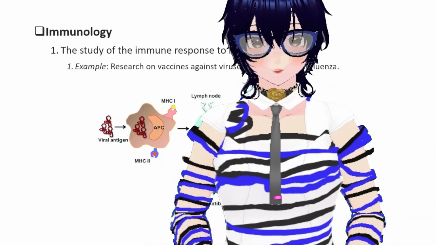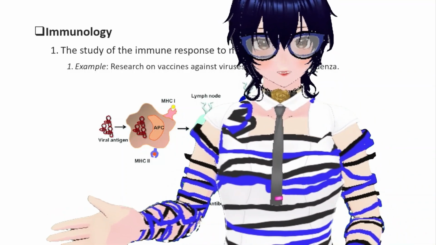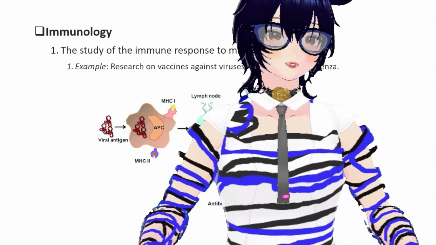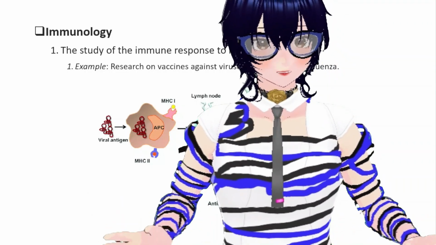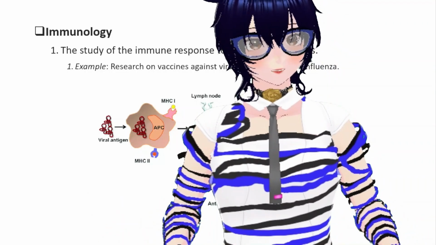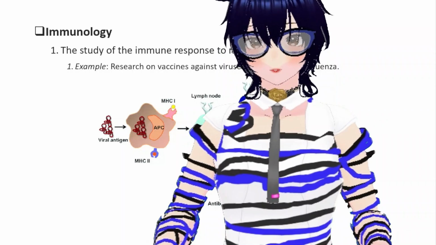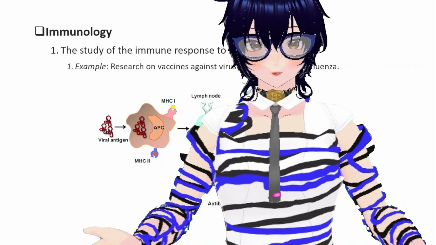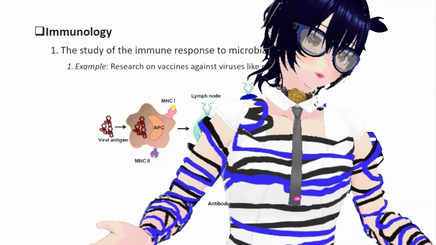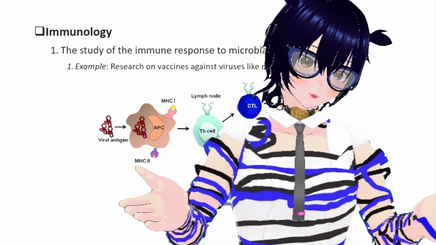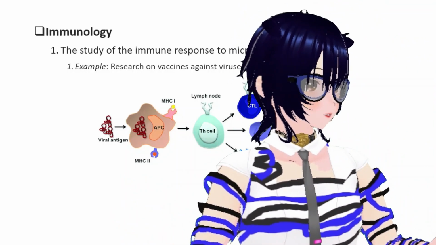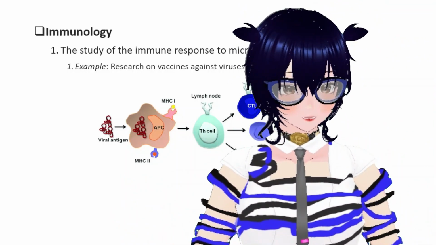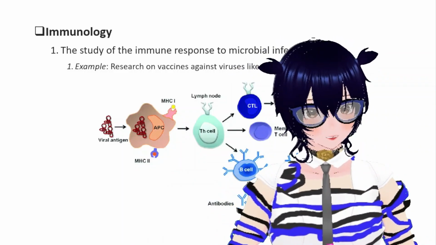It's actually an action game. So in immunology, we study how the body's immune system responds, like how we respond to our enemies, but not on the macro level, on the micro level.